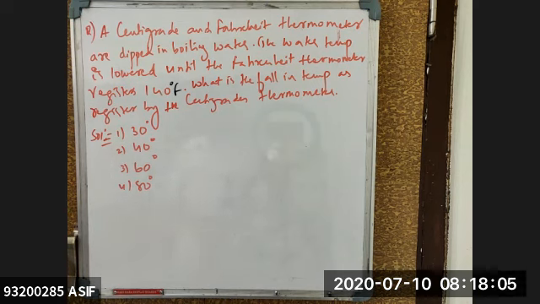The centigrade and Fahrenheit thermometer are dipped in boiling water. The water is lowered until the Fahrenheit thermometer registered 140 Fahrenheit.